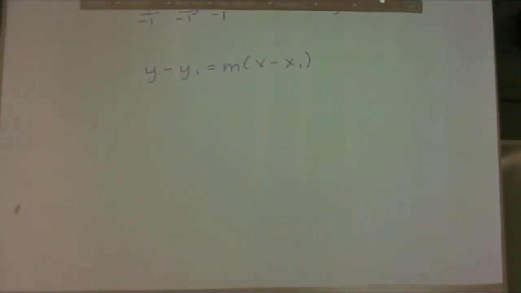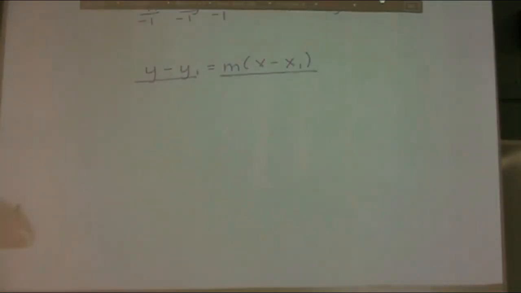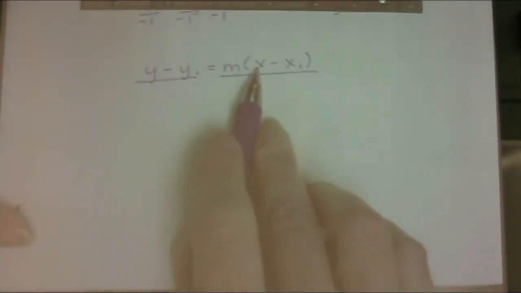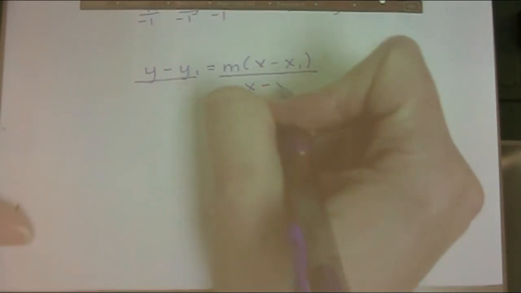Here we go. And what I'm going to do is use algebra and manipulate it a little bit. I'm going to divide both sides by the same exact thing. And what I'm going to divide them by is what's in parentheses here. X minus x1.